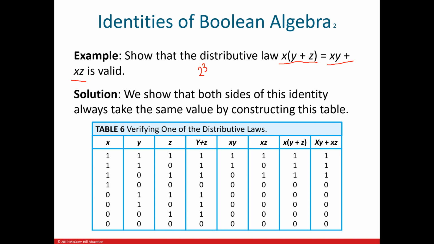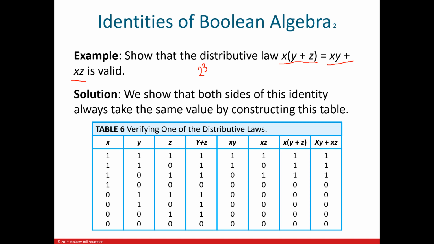First, we will just calculate y sum z. It is 1 because y is 1, z is 1. Then in the fourth row both are 0, so it is 0. In the fifth row both are 1, in the sixth and seventh rows either one of them is 1, and in the eighth row both are 0.